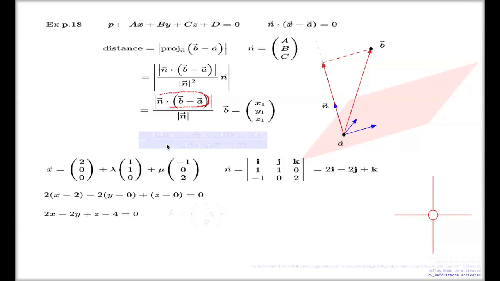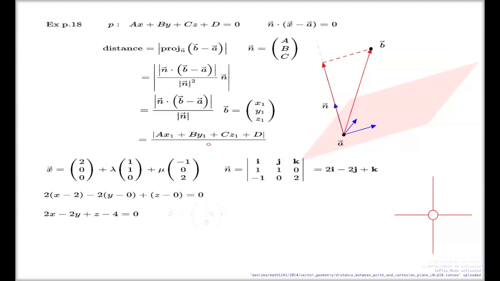So I can write this like this. Here is the result of a substitution of my x, y, z with the components of the b vector. And in the denominator, we have the length of the vector n, which we know how to compute. It's the square root of the sum of the squares.